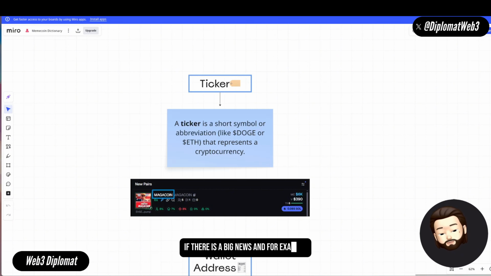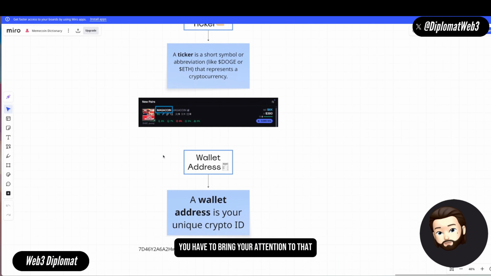For example, Elon Musk has a new dog called Mia or anything, and it was the first token that came out, so obviously it will have a lot of attention. But if it has a wrong name, it won't be staying for long. Trust me. And you have to make sure that the ticker is also spelled correctly. You have to bring your attention to that.